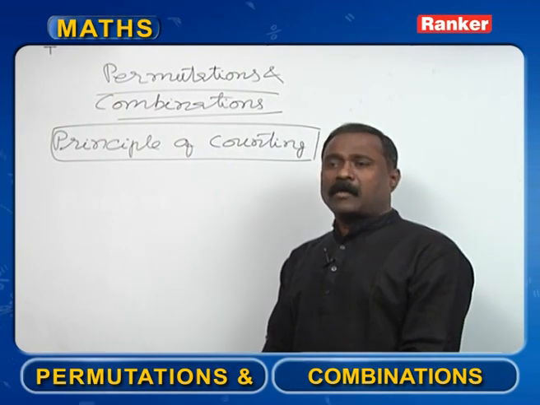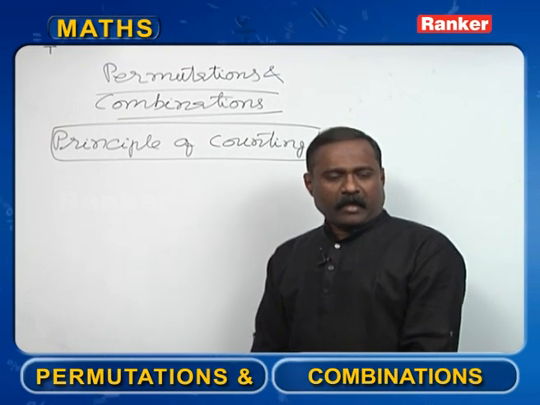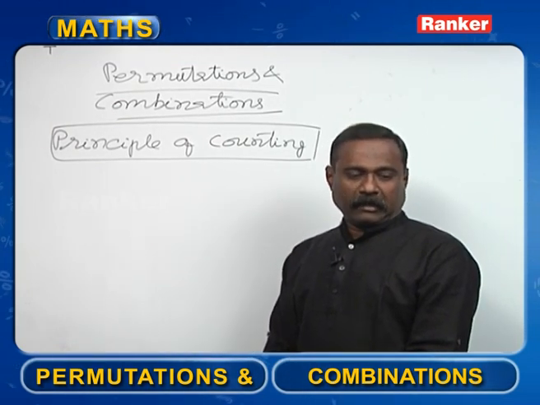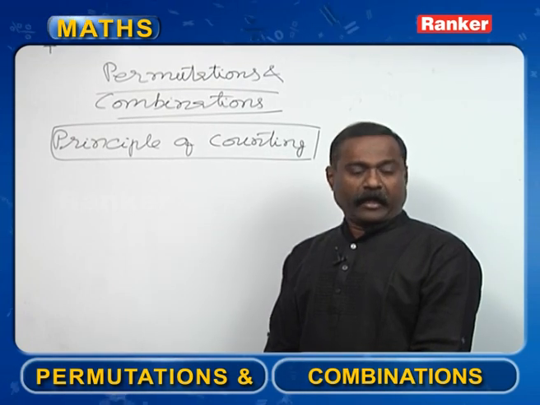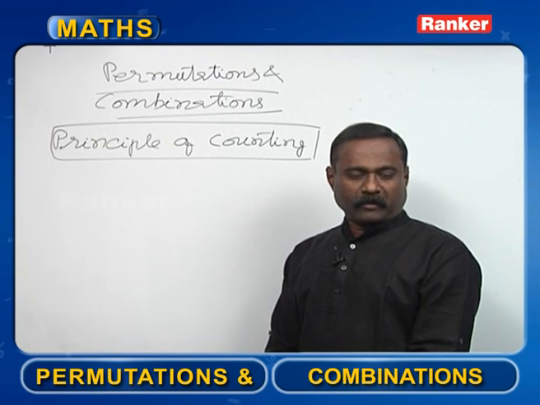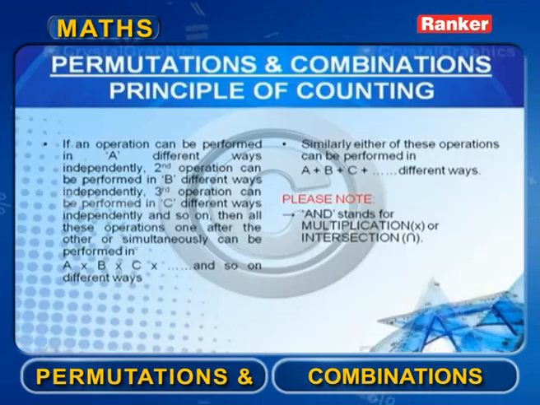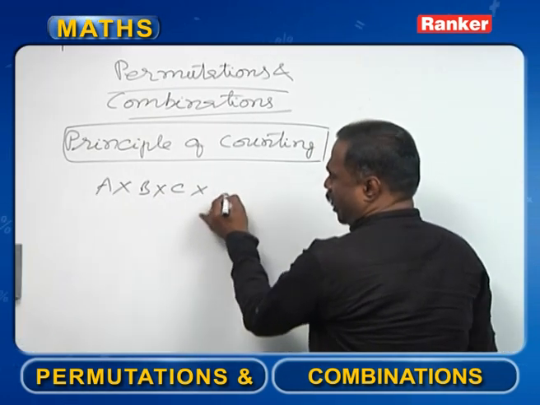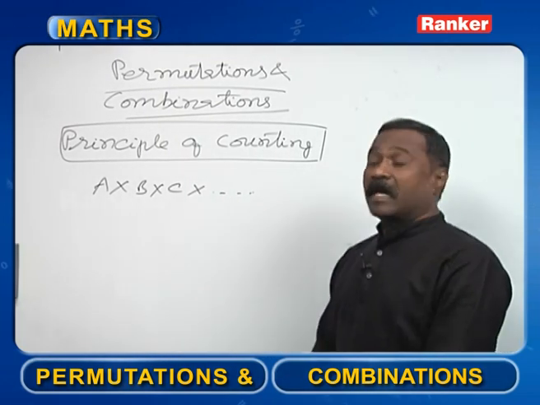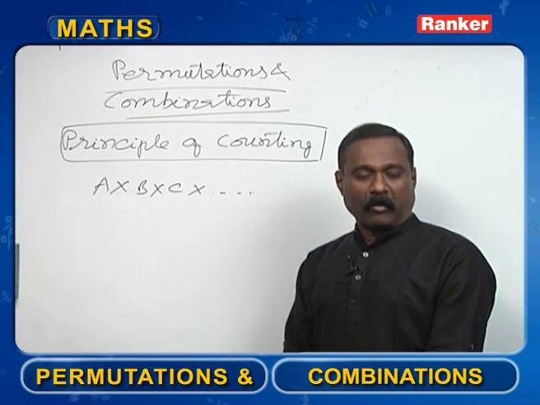If an operation can be performed in A different ways independently, a second operation can be performed in B different ways independently, and a third operation can be performed in C different ways independently, and so on, then all these operations, one after the other or simultaneously, can be performed in A into B into C and so on different ways. That is the definition of the principle of counting.